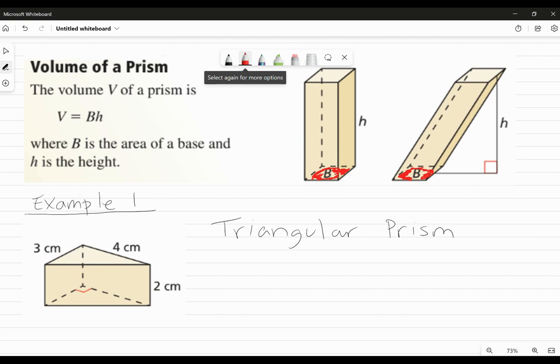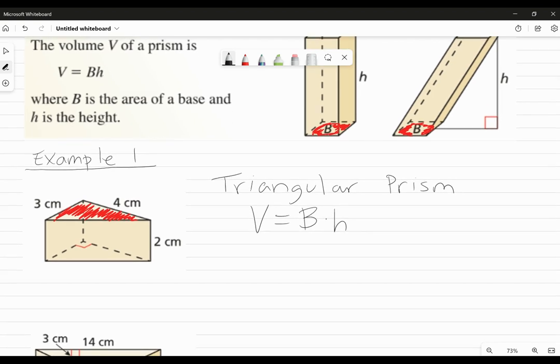Again, if it's helpful, you can shade the base shape. So I can see the triangle. I'm going to shade it in red up here. So my formula for volume is the base shape area times the height of the prism.